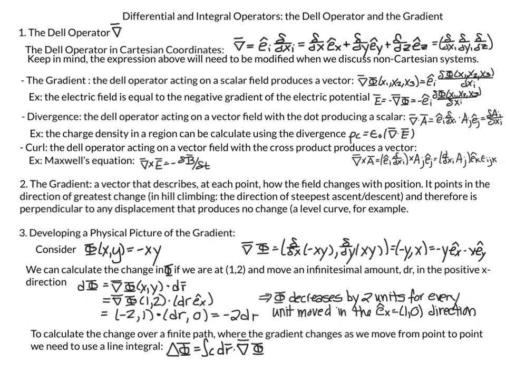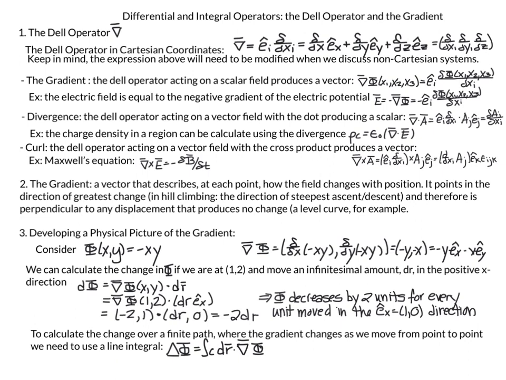Last, we developed a physical picture of the gradient, and we used this simpler phi to illustrate this, and we took the partial derivative with respect to x of phi, and the derivative with respect to y of phi, and what we got was negative y, negative x.